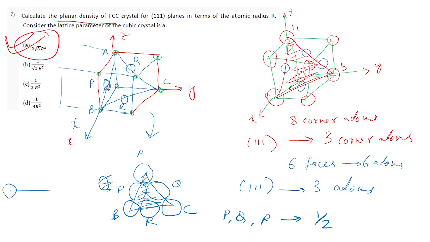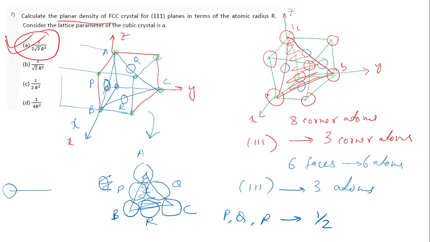I hope it got very clear, because I took a lot of time so that we can get this thing cleared here. The procedure is the same as we did for linear density. First we make our cubic crystal to understand how it is. Then we identify the direction vector; here we identify the plane.